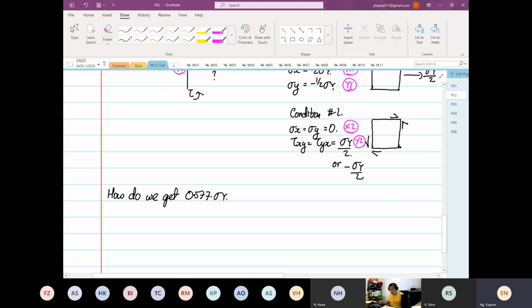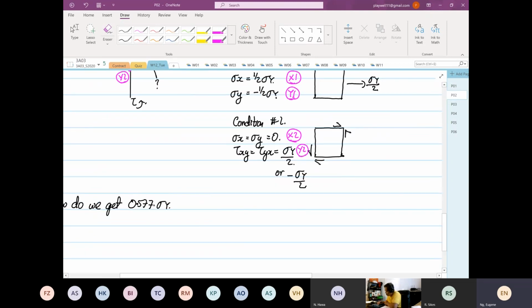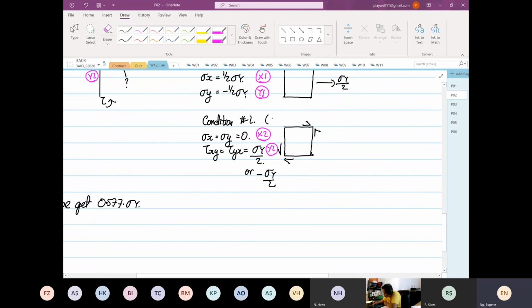We're going to put the structure under pure shear. So condition number 2 that you see over here is what we call pure shear. Pure shear will occur when the structure is under torsion only.